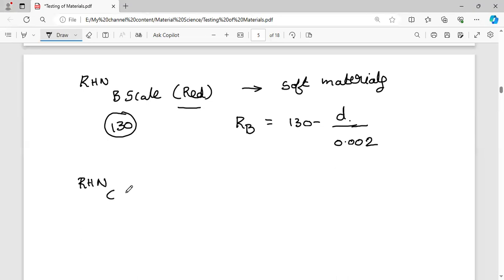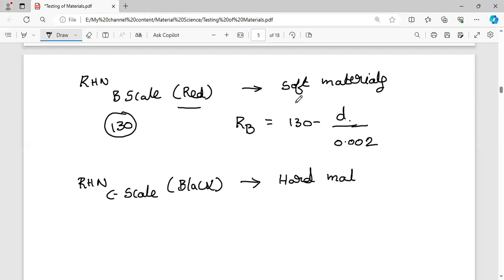Next, coming to the Rockwell hardness testing machine C scale. Another scale is there, that is the C scale, in black color, and it can be used to measure the hardness of hard materials.